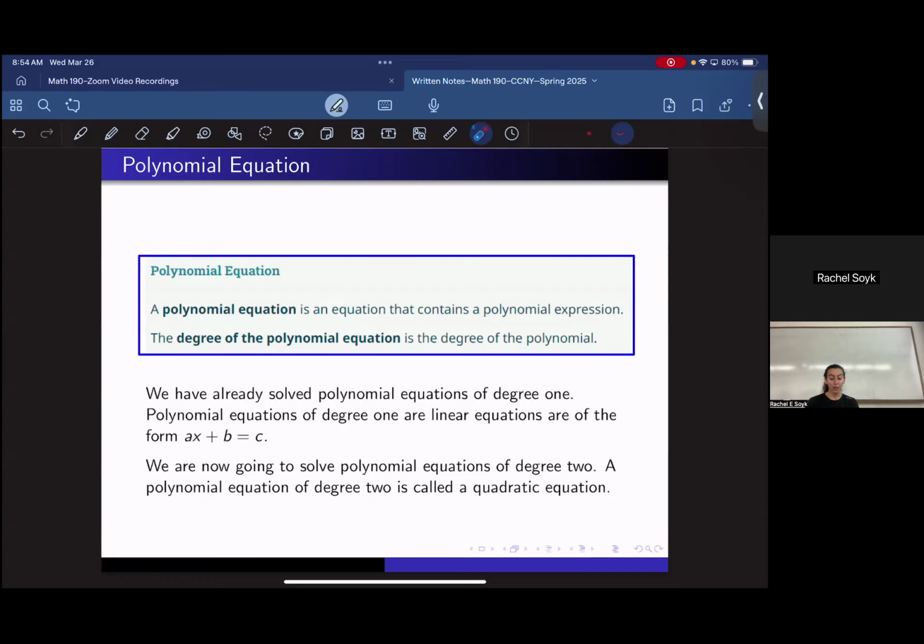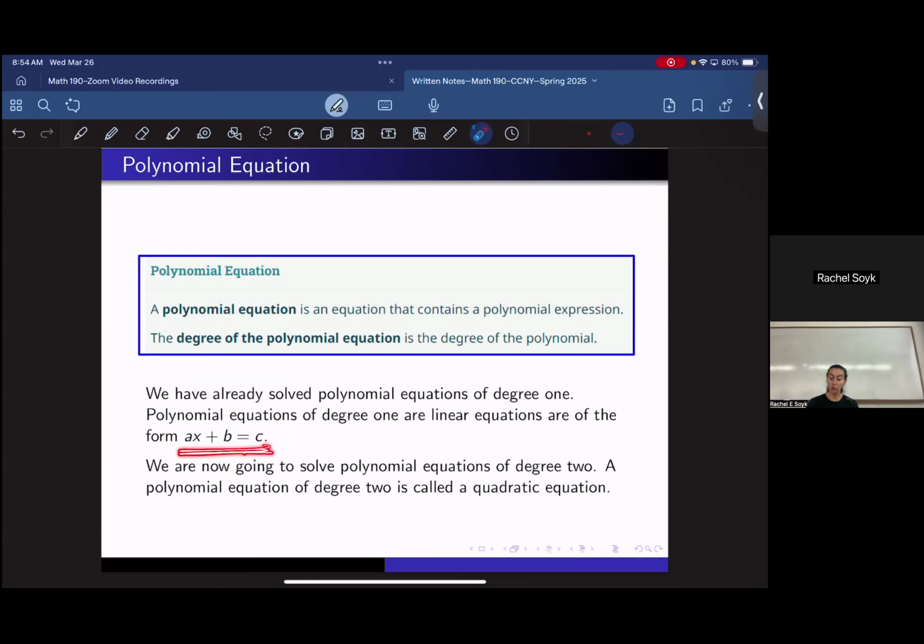So we've become very comfortable with solving polynomial equations of degree 1, aka linear equations. We're used to the whole mx plus b, but in an equation format, we have it as ax plus b is equal to some numerical value. Think of all of our systems of equations.